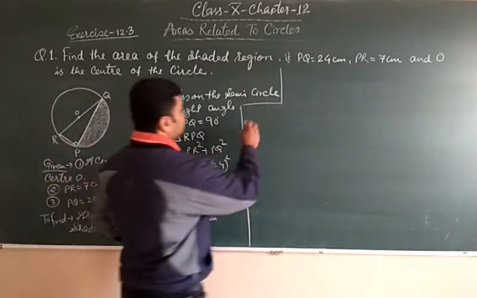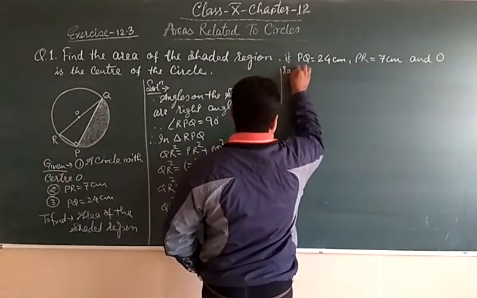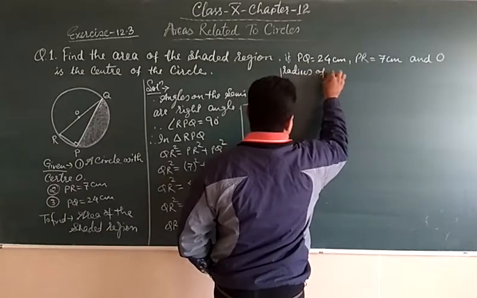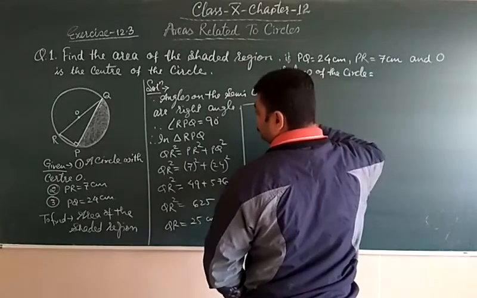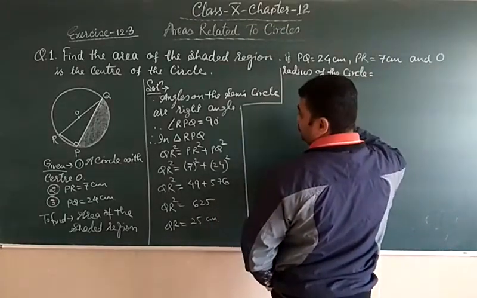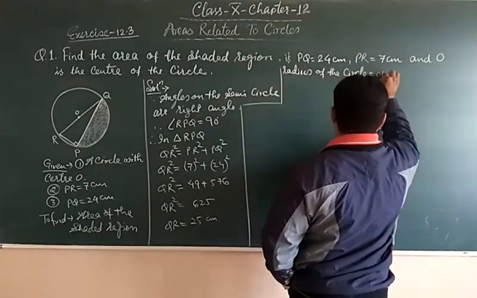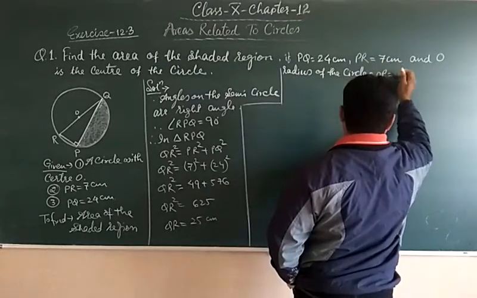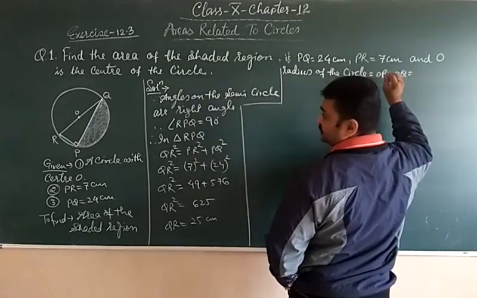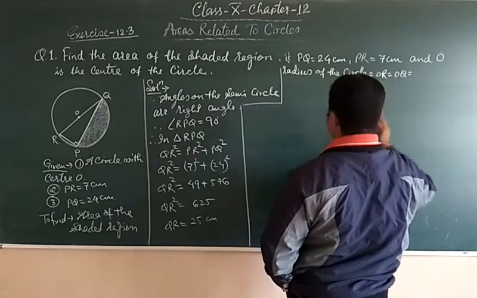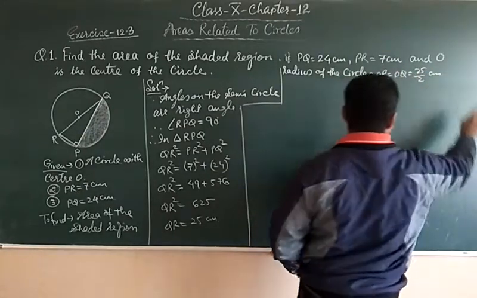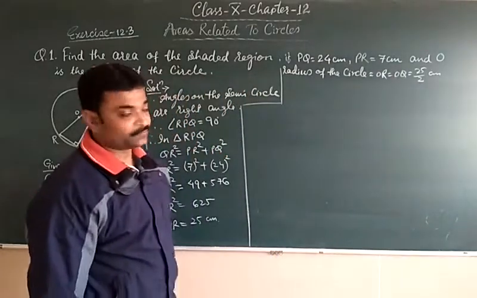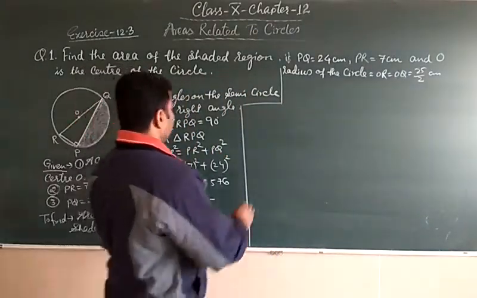Now, what is the radius of the circle? OP is equal to OQ is equal to OR is equal to 25 by 2 centimeters. Got it?